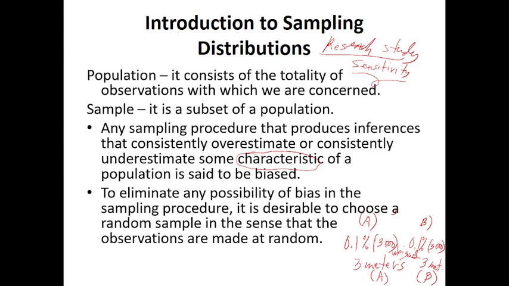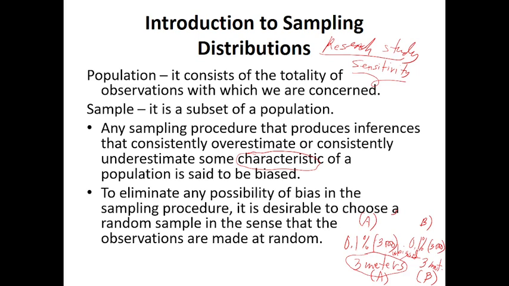Now, for meter type A, from these 3,000 you will select 3. Every electromechanical type meter should be given a chance to be selected.